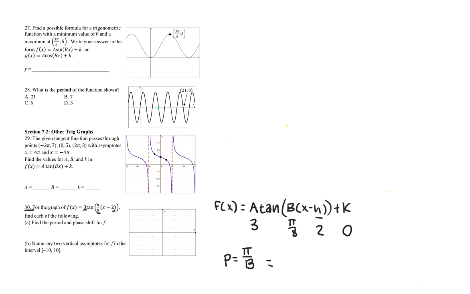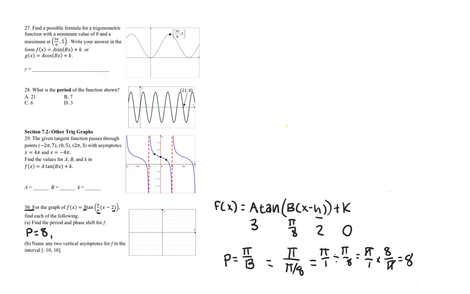So our period is pi over pi over 8, which is essentially pi over 1 divided by pi over 8, which is the same as pi over 1 times 8 over pi. So crossing out the pi's, because they're going to cancel, we would get a period of 8. So for A, we know that our period equals 8.